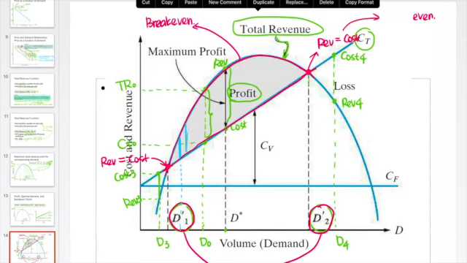And if you have a higher demand, you're going to have this blue line, right? And this second line is longer than the first line, which means your profit is bigger than the first case. And then the line is longer and longer, which means your profit is bigger and bigger.